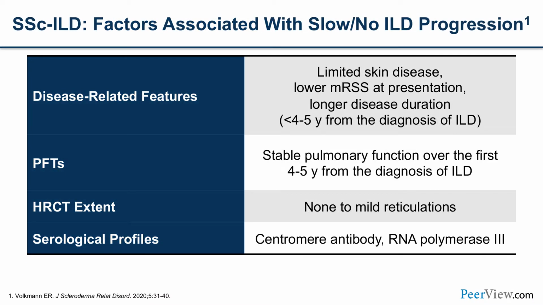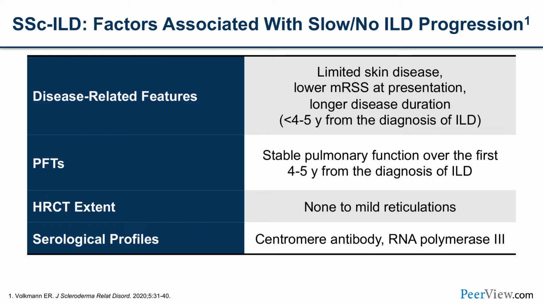And in contrast, factors that are less likely to denote disease progression include essentially the opposite: limited skin disease, less skin involvement with lower MRSS skin scores at presentation, and a longer period of disease duration of 4 to 5 years from the point of diagnosis.